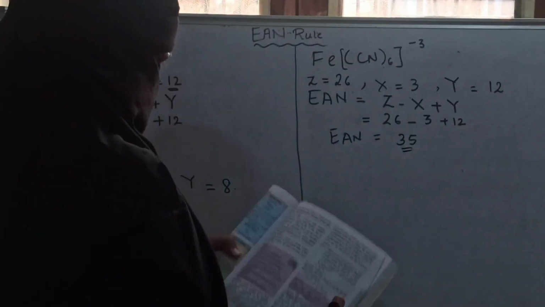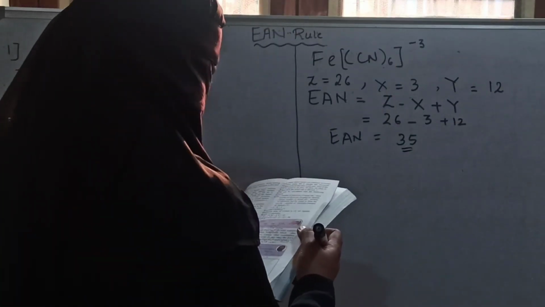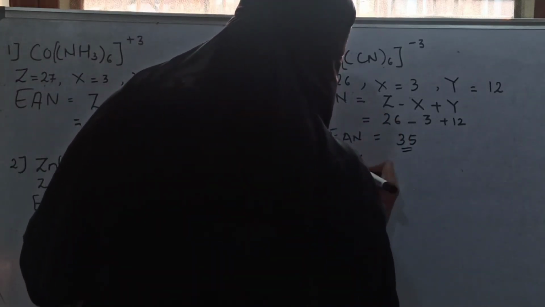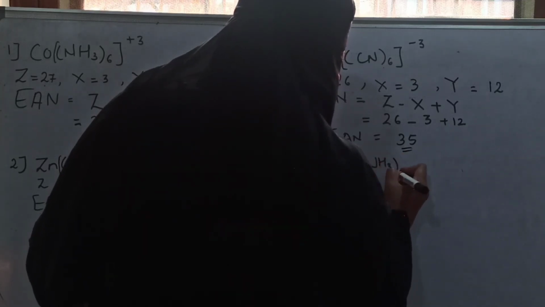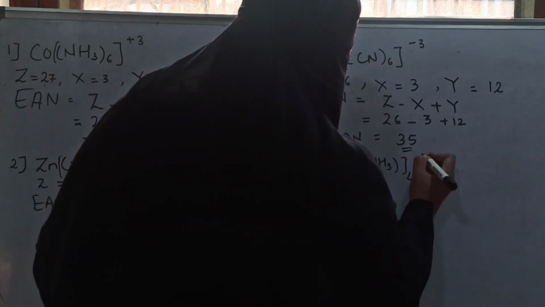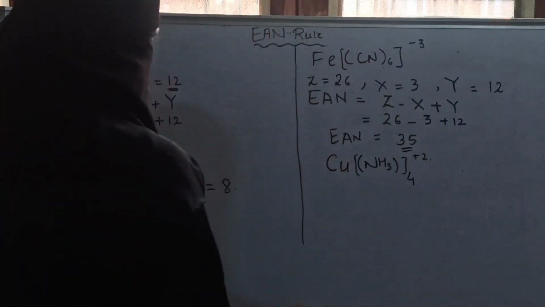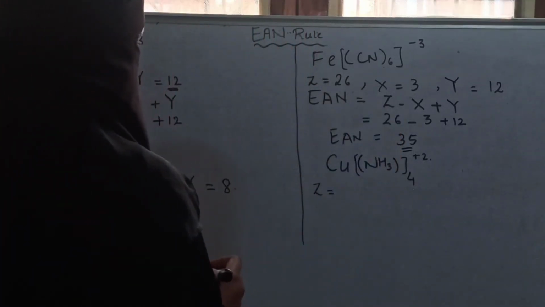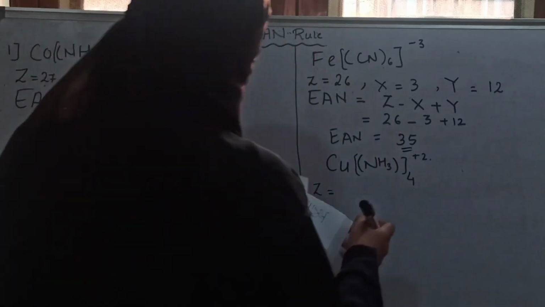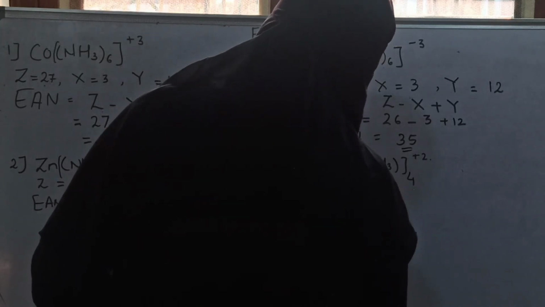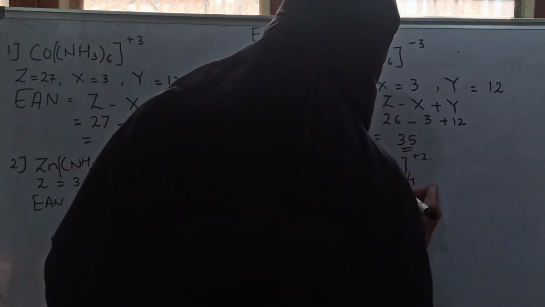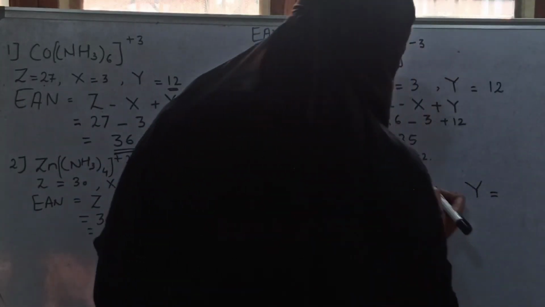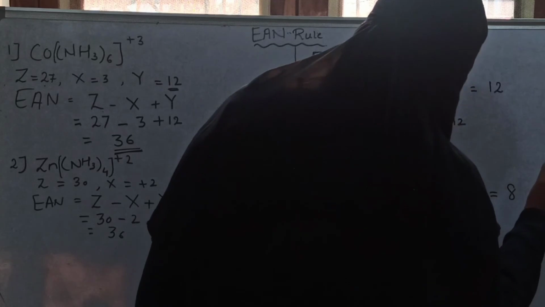Now our last example is Cu(NH3)4 2+. Again the same formula. Here Z is equal to 29, X is equal to plus 2 and Y is equal to 4 into 2 equal to 8.